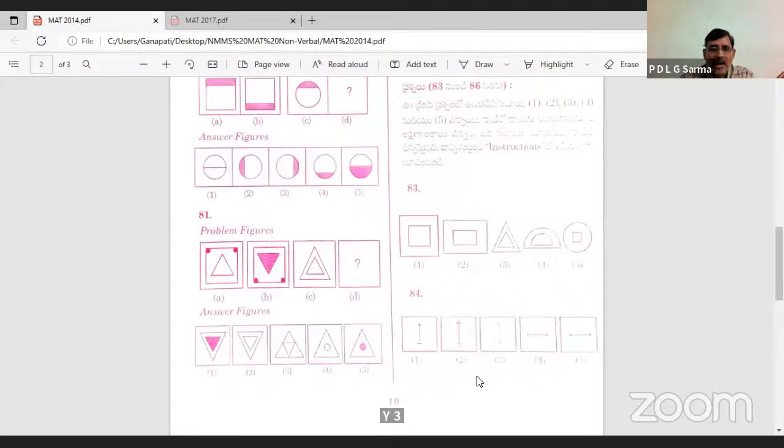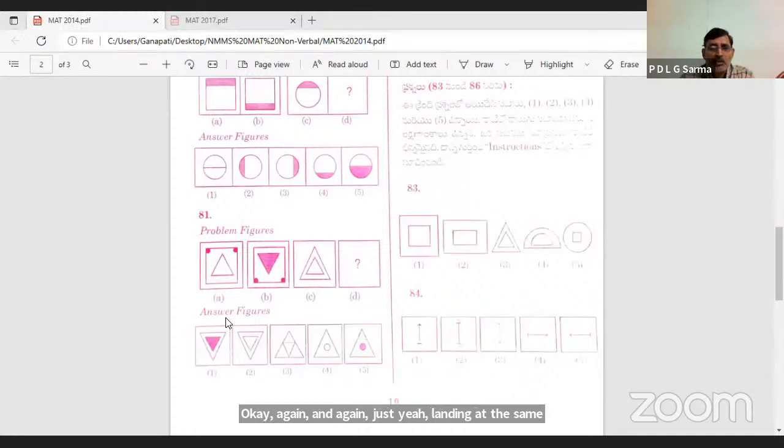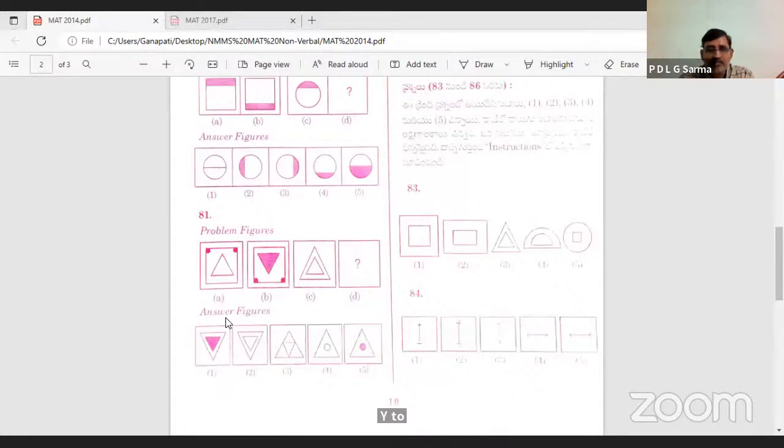Okay. Again and again, we are landing at the same point. Some of you are saying 1, some of you are saying 2, some of you are saying 3. So a mere answer is not sufficient. Why are you going for a particular option? That is what you have to specify. Why 2 or why 3?